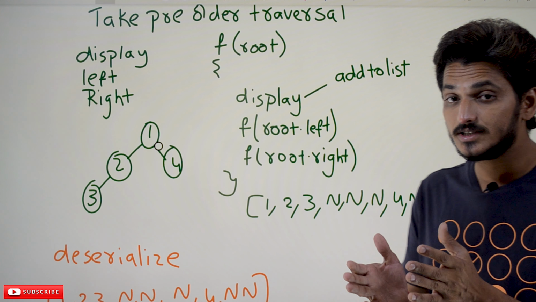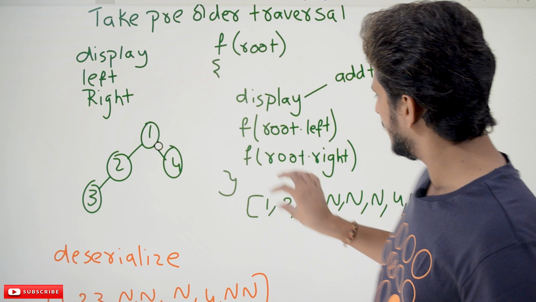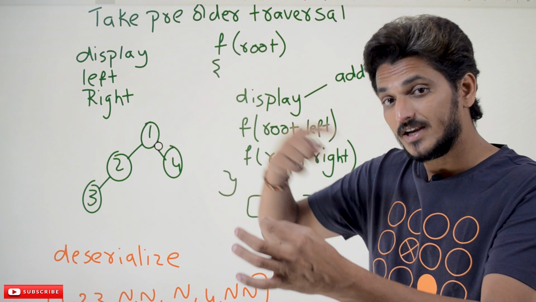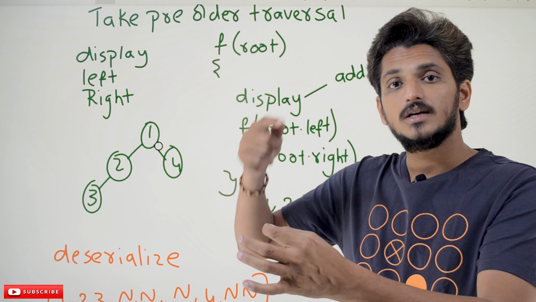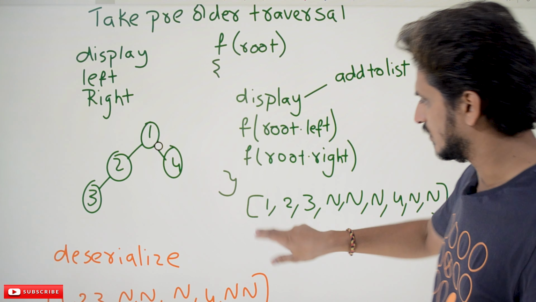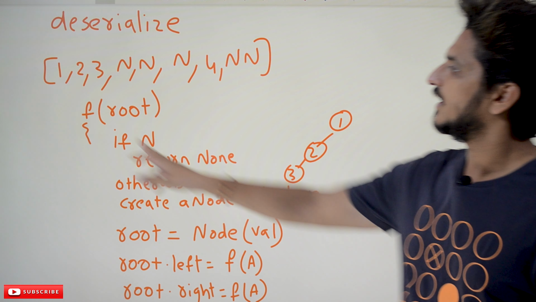Deserialization does exactly the opposite. Take the array one by one, and run the code exactly the way it runs in a preorder traversal. Coming to the deserialization, take the input array, f of root.